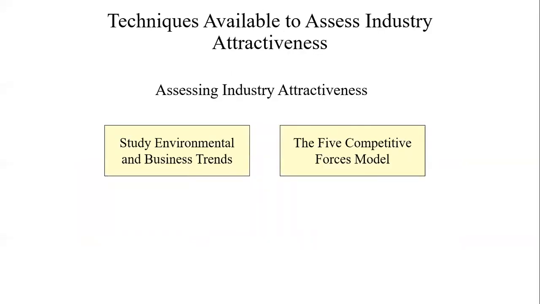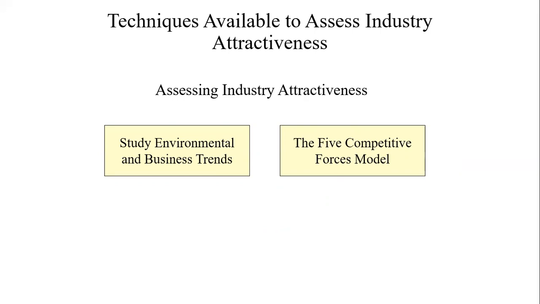Now, still on the industry analysis, there is the need for you to ascertain how attractive a particular industry is. And there are several techniques that one can adopt to assess the attractiveness of an industry.